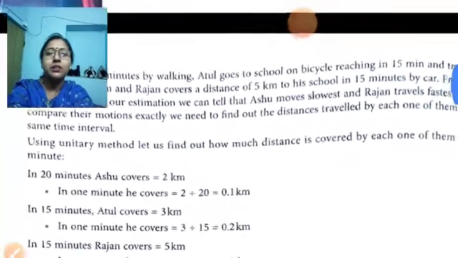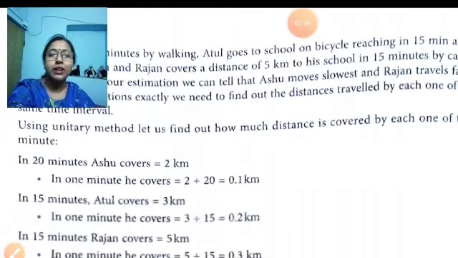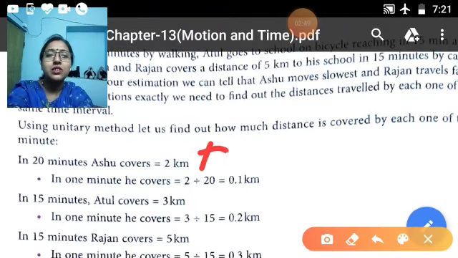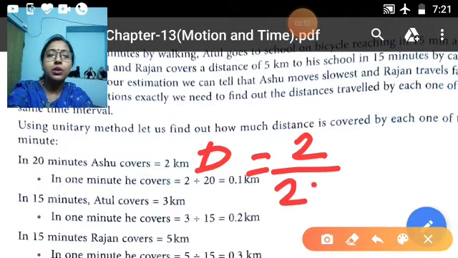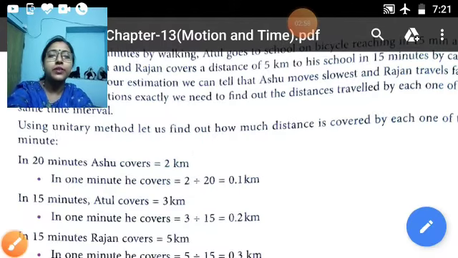In 20 minutes, Ashu is covering 2 kilometers by walking. So what will happen if in 1 minute we have to calculate the distance? In 1 minute, the distance is 2 divided by 20, that is 0.1 kilometer. So Ashu is covering 0.1 kilometer in 1 minute.